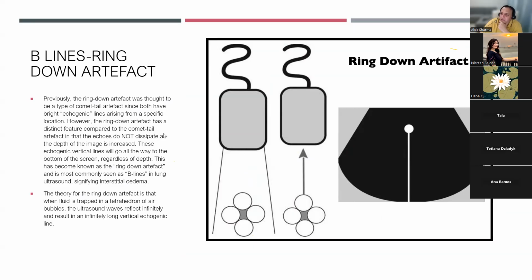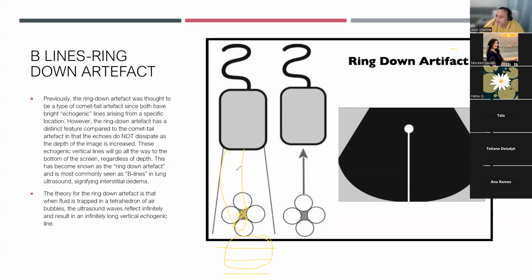Now, if you have fewer tetrahedrons and they are arranged near the pleural margin, which is how fluid tends to accumulate in the interstitial space, then you're not going to get a large number of trapped sound waves. So if you have only one here and it's very close to the pleural margin, but you have aerated lung below it, then you're going to have reverberation artifact that's vertical over here, but because there's air below that, you're going to get A lines over here.